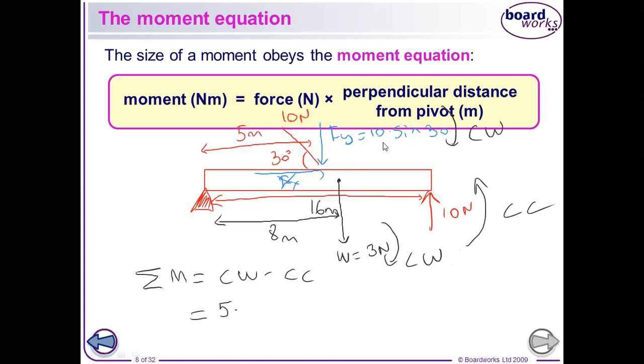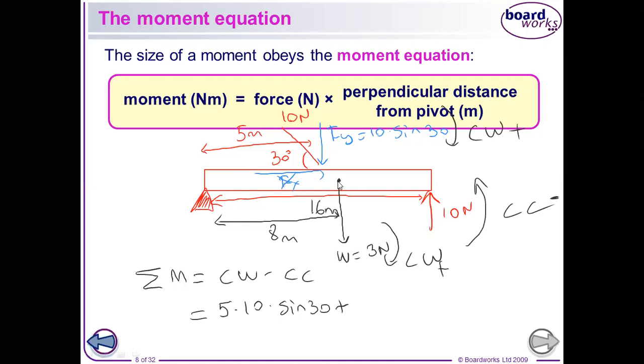The force is 10 times sine 30 plus, I'm taking the clockwise moments as plus and counterclockwise as minus, negative.